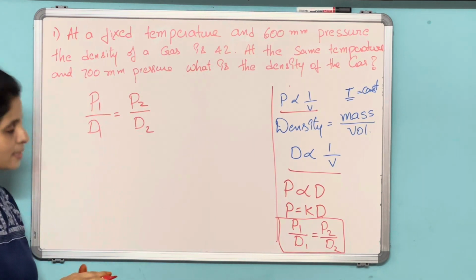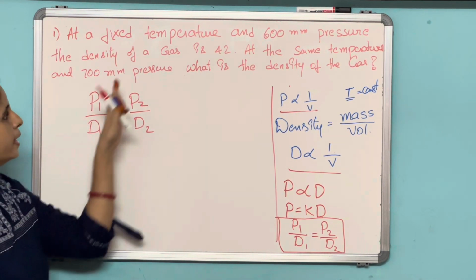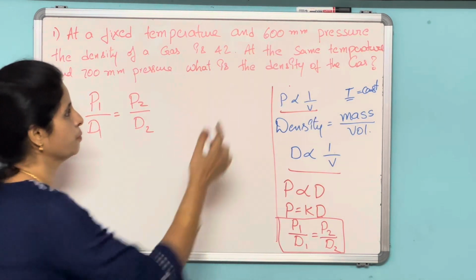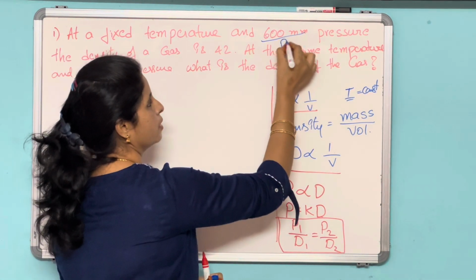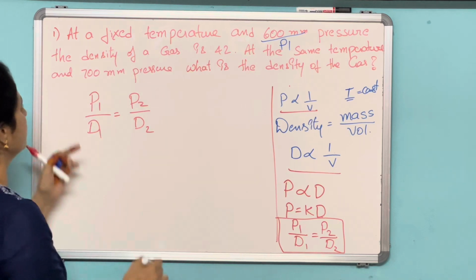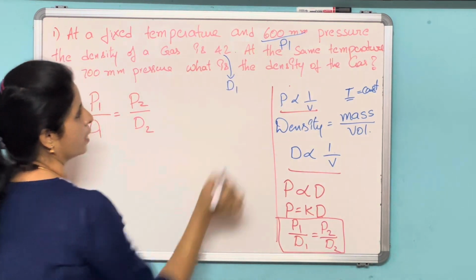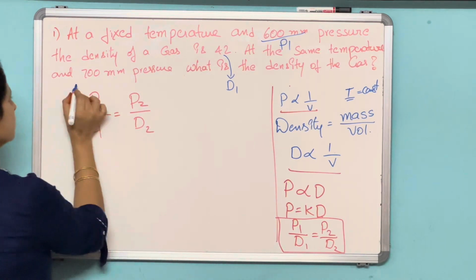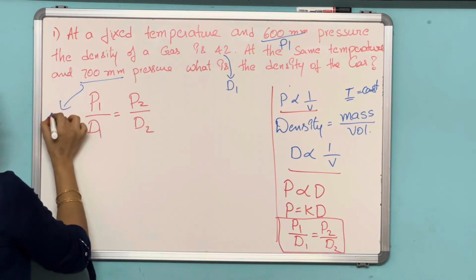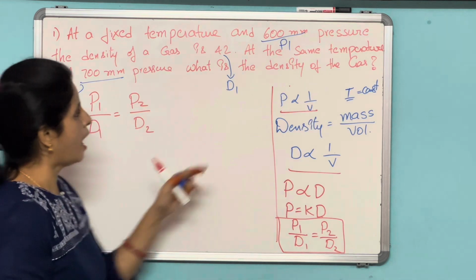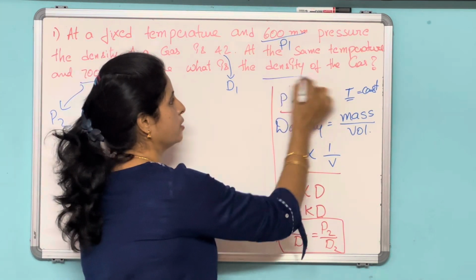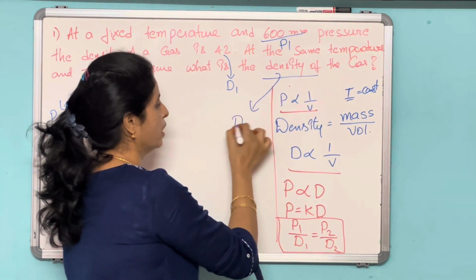Now what is the data given? Look at the problem. At a fixed temperature, it is your P1, and density of the gas, it is D1. At the same temperature, 700 mm, it is your P2, and you are asked to find out the density of the gas, means here D2 you have to find out.